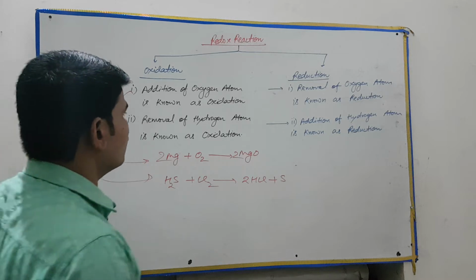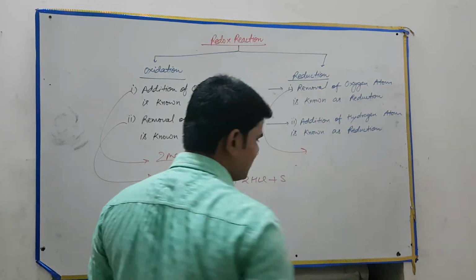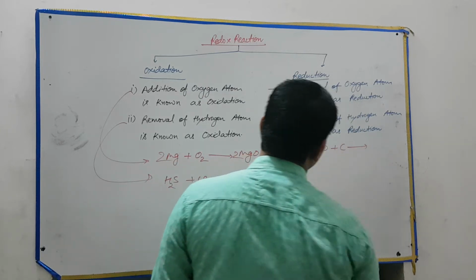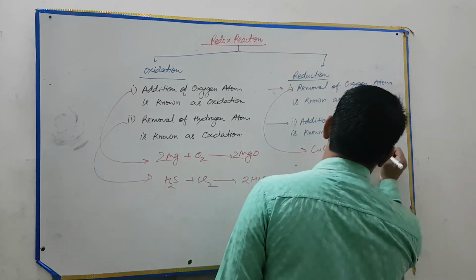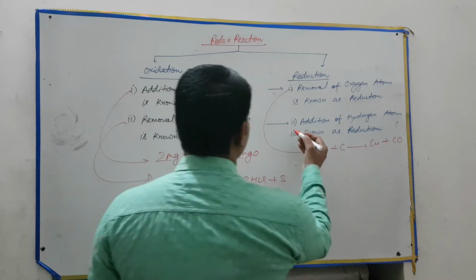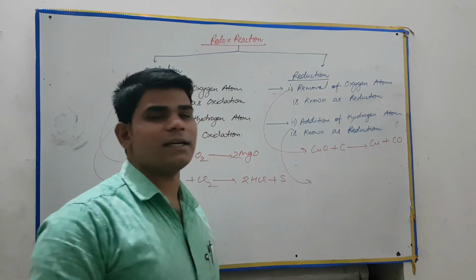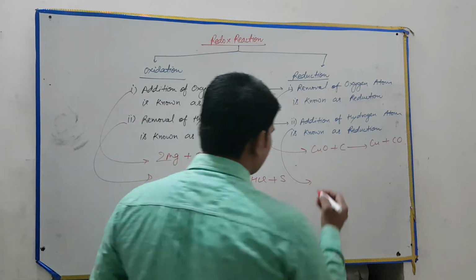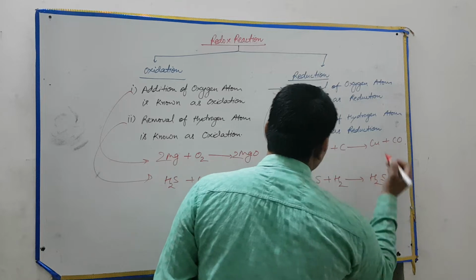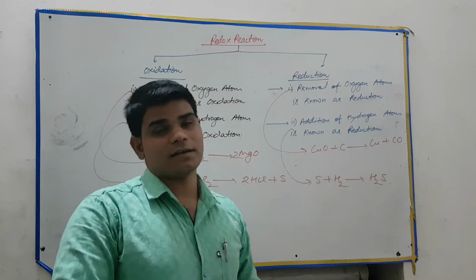Clear? For reduction, the first example is CuO plus C, which gives Cu plus CO. The second point is that addition of hydrogen atom is known as reduction. Clear? These are the examples of oxidation and reduction.